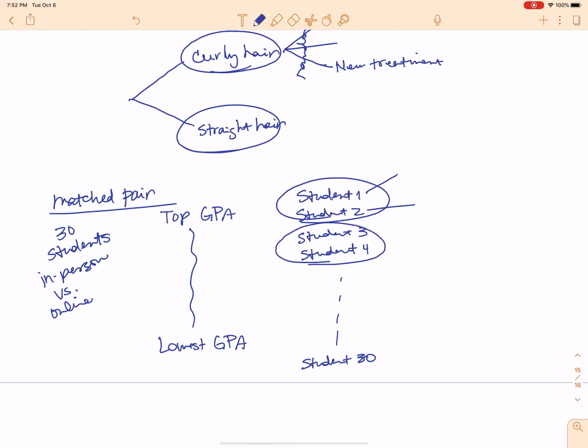Then I would pair these and do the same thing. An easy way to randomize for this first group is to flip a coin. If it lands on heads, they go to in-person learning. If it lands on tails, they go to online learning. That's how I would pair them, so that's why we call it a matched pair design. Hopefully that helps you understand blocking a little bit better. Have fun.